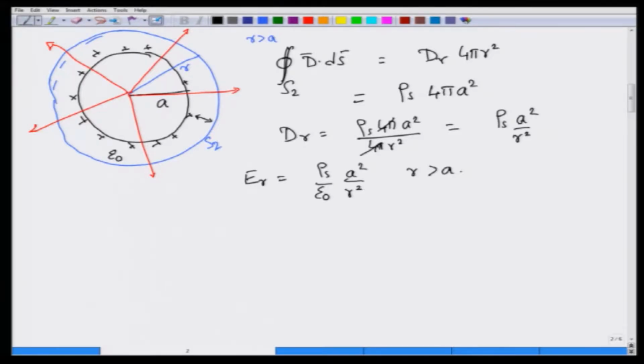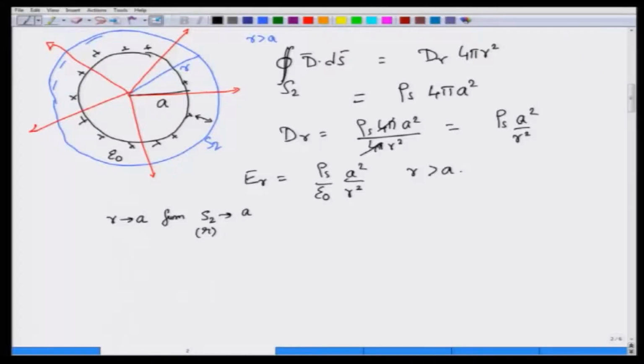Now, at r equal to a, see what happens as you come close to a from shrinking S2, which was originally with a radius r, to a sphere of radius a. So, what happens as you start shrinking S2, that is, if you come from outside of the sphere and start coming towards the spherical shell of charge?